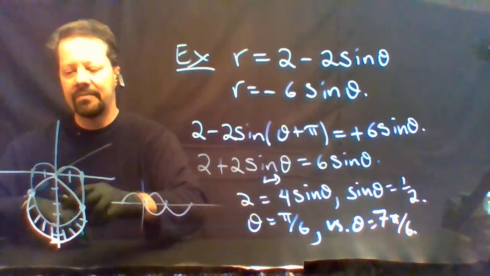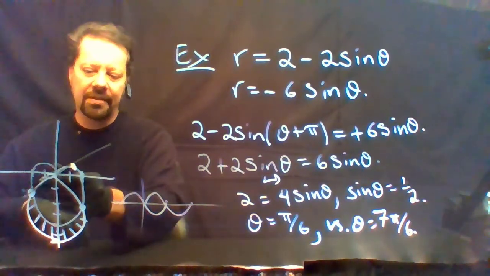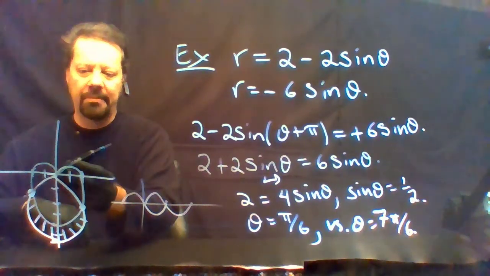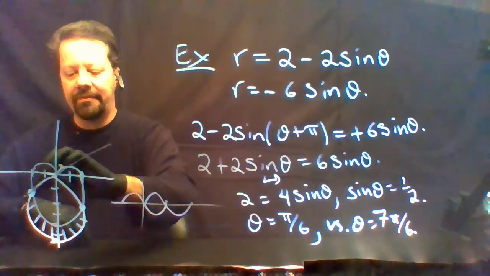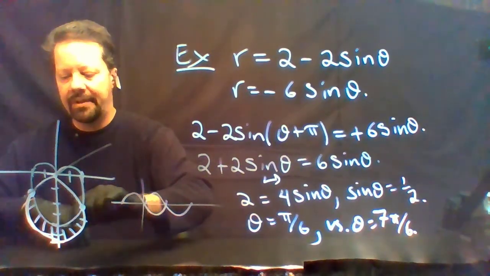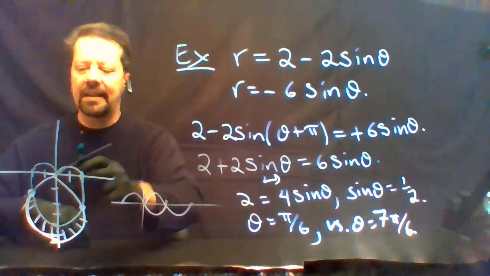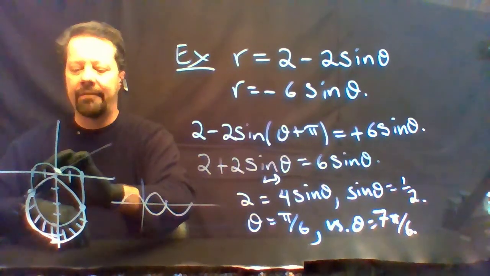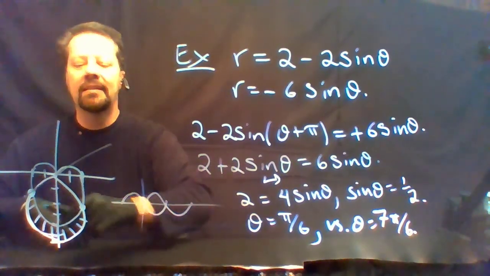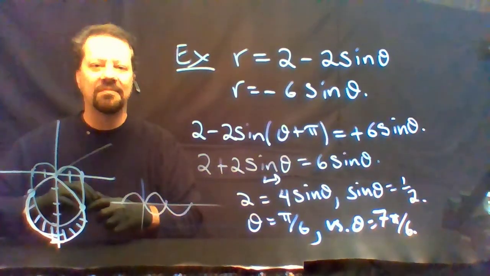Here's what we'll do. We'll integrate the first curve from pi over 6 to pi. That'll traverse this segment from here to here, and then double. For the second curve, we'll integrate from 7 pi over 6 to 3 pi over 2, and then double that.